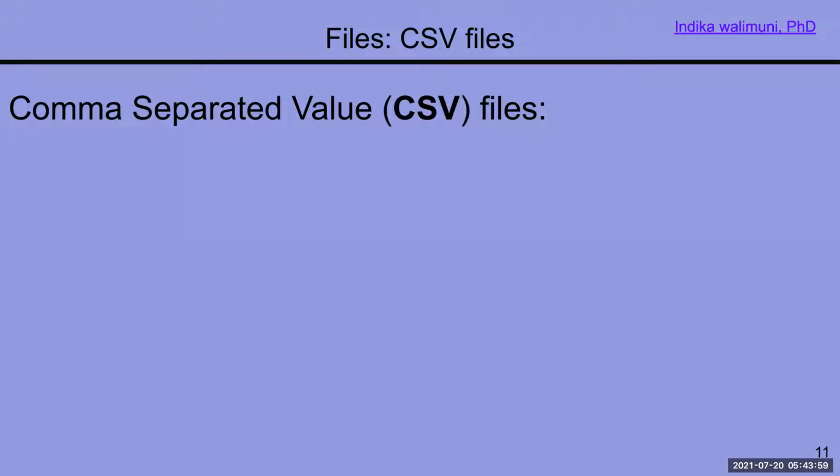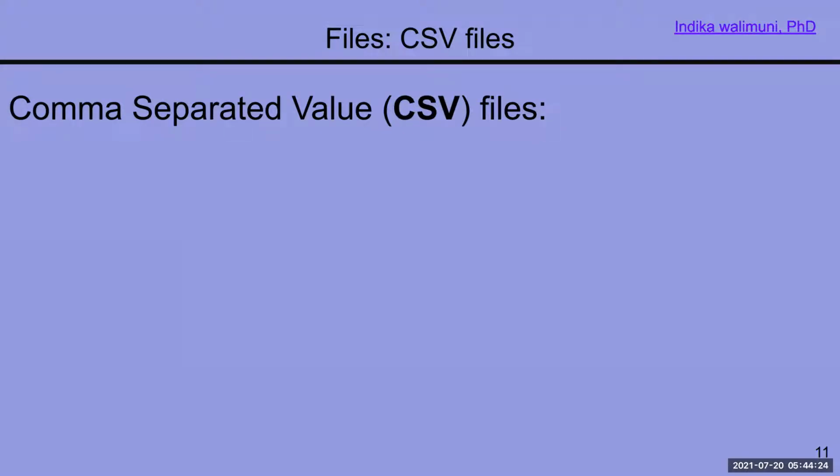The columns are separated using commas, and that's why we say comma separated value file, CSV. In fact, our very own Canvas LMS system uses CSV files to give us data.